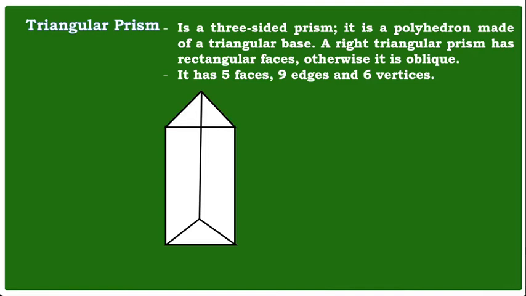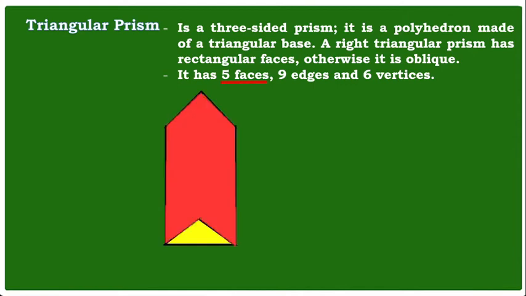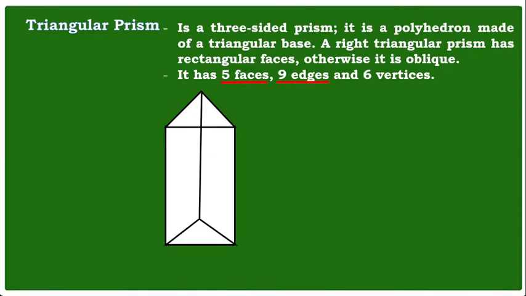Now, let's look for the 5 faces of this solid figure. 1, 2, 3, 4, 5. As you can see, the faces are composed of 2 triangles and 3 rectangles. It also has 9 edges.